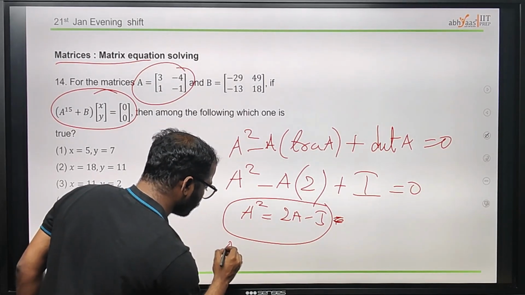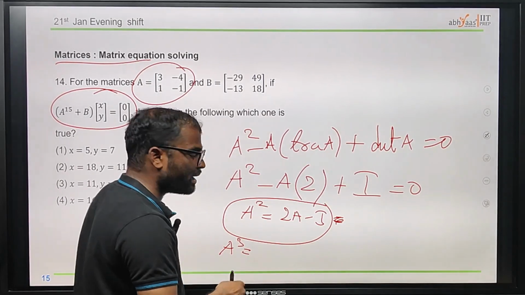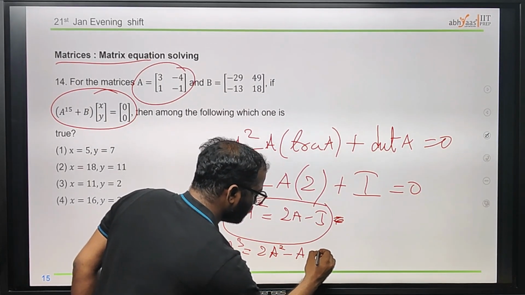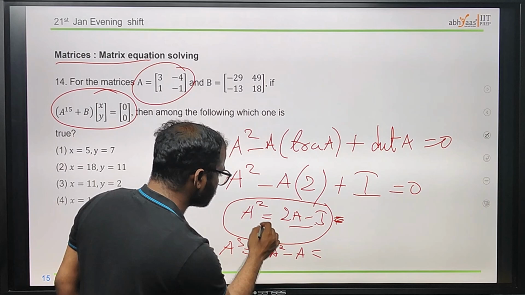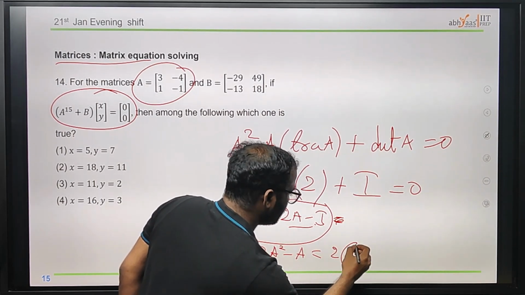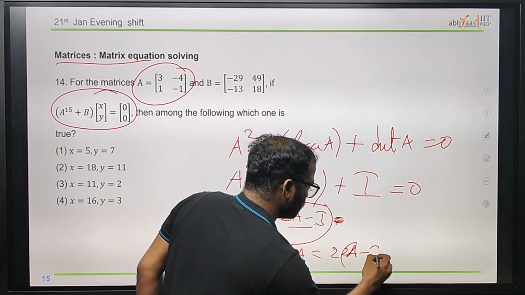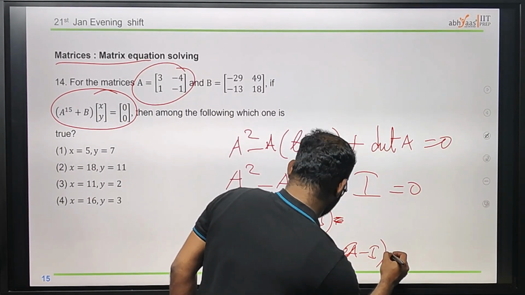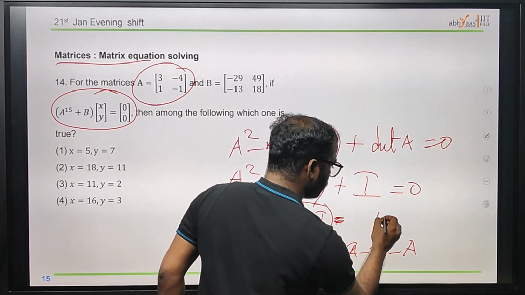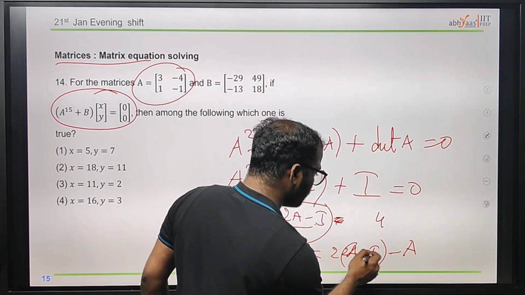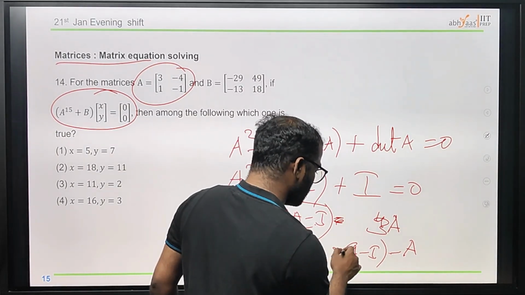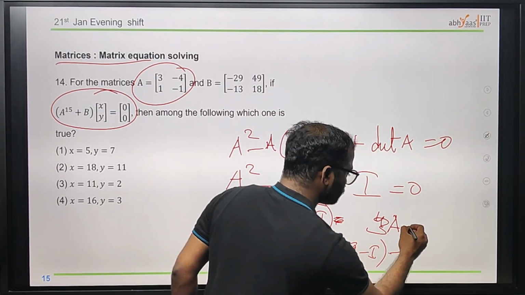Similarly do the A cube: just multiply with A, we will have 2A square minus A, substitute this in place of A square, that will be 2 into 2A minus I minus A, which is 4A minus A, that will be 3A minus 2I.